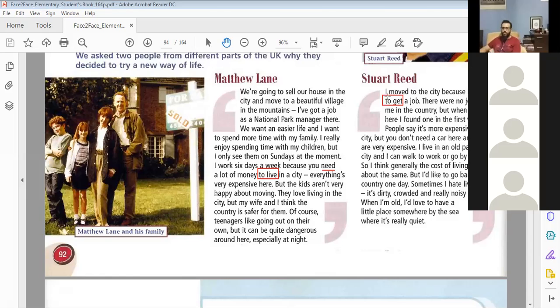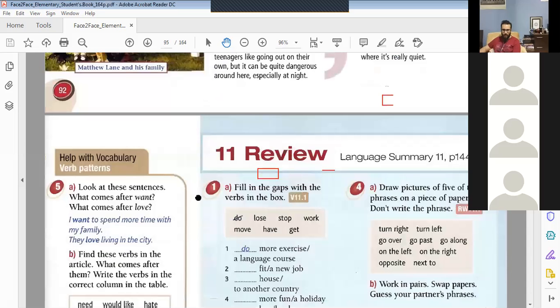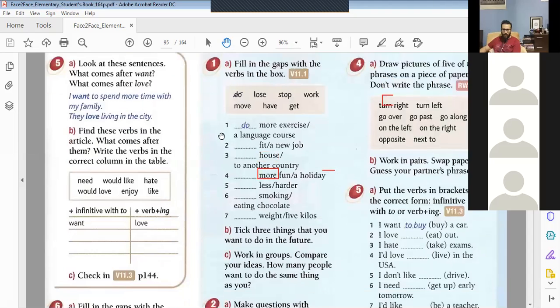So what do we use after need? Do we use verb plus ing, or do we use infinitive with to? Infinitive with to. Correct. So we go here and we put need with want, because after need, we use infinitive with to. Very nice, so we finished need.